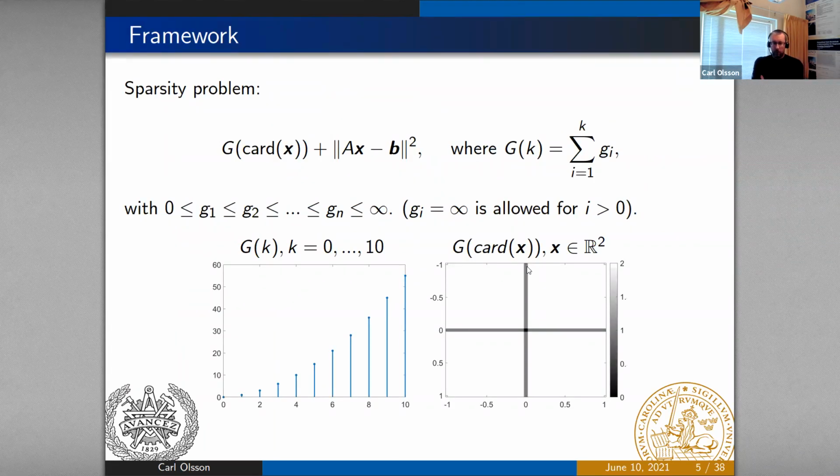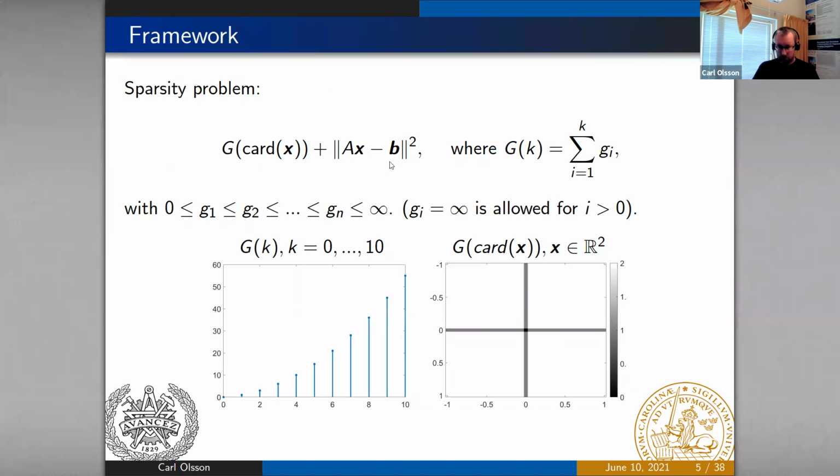All right, so let's get into this framework then. So this is something that I've been working on for a while now, and it's been motivated by structure from motion, but like I said, I'm not quite there yet. So usually I look at problems like this.